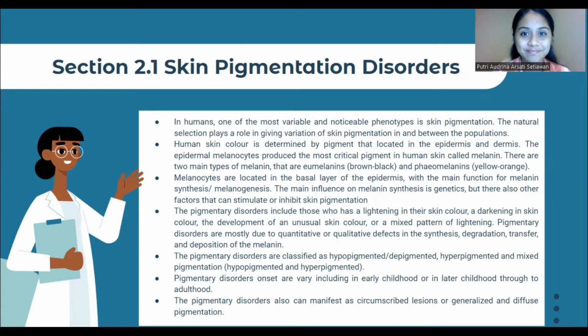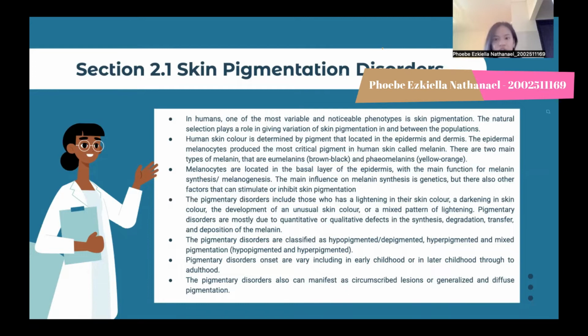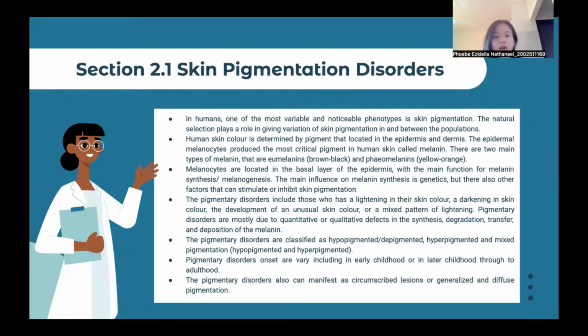Thank you. Okay, my name is Vivi Esquela with 3-digit number 169, and I'm going to continue the explanation of skin pigmentation disorder. The pigmentary disorders are classified as hypopigmented or depigmented, hyperpigmented, and mixed pigmentation, or when a person has hypopigmentation and also hyperpigmentation. Hypopigmentation refers to any form of reduced pigmentation.